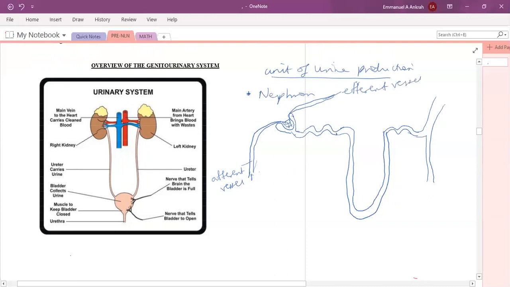Then the blood vessels break down here into what we call the glomerulus, the network of capillaries. The glomerulus sits in the cup-like structure here. This cup-like structure is what we call the Bowman's capsule.